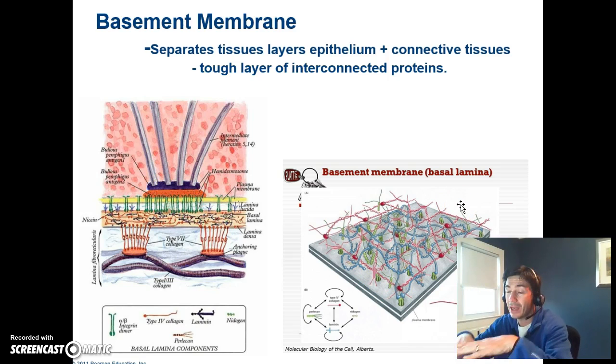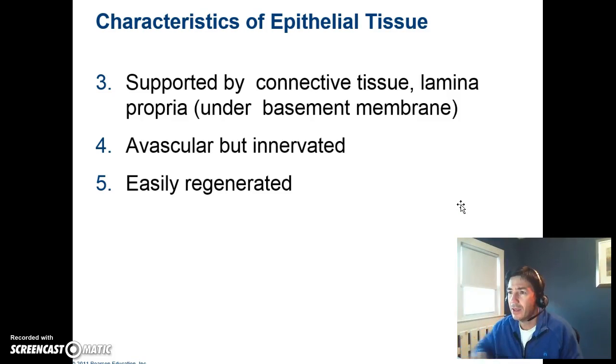So you can think of it as like a loosely woven fabric or fiber, only it's made out of protein instead of something like polyester, and it's used to separate tissue layers, quite often separating epithelia from the connective tissue that are underneath them. And the basement membrane will come up again when we do skin, so I just wanted to point it out there.